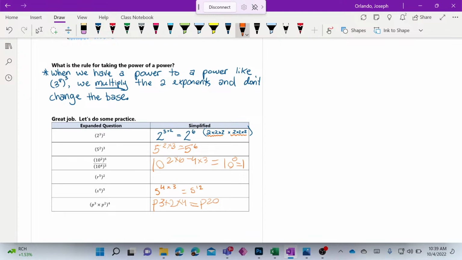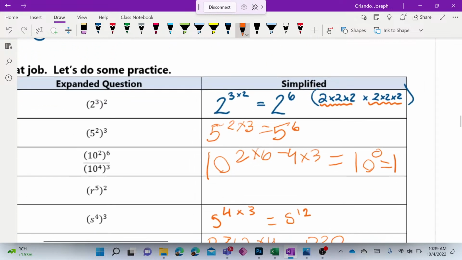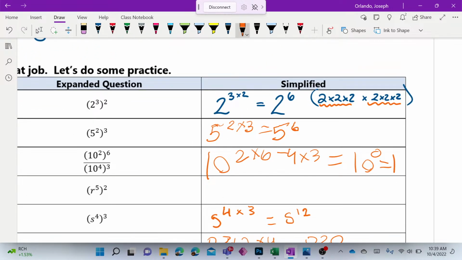Okay, let's take a look. So the first one, we have a power to a power: 2 to the 3, all squared. We said that's 2 to the 6. Great. Here, same thing. 5 squared, all to the power of 3. We have to multiply those, because that says multiply 5 by itself twice and then do that whole thing 3 times. So 2 times, 2 times, 2 times. That's 6 times.